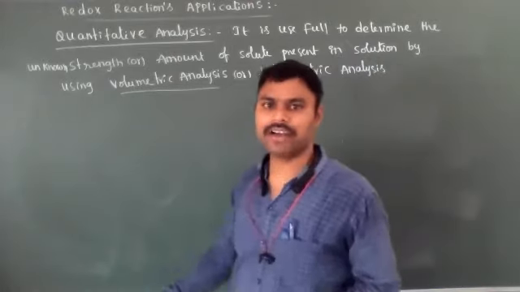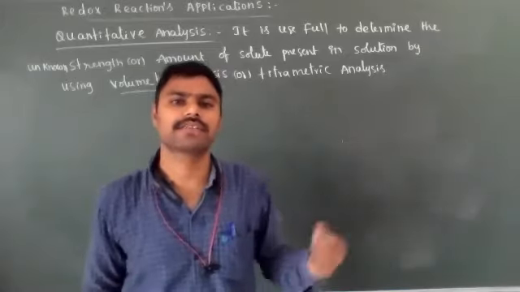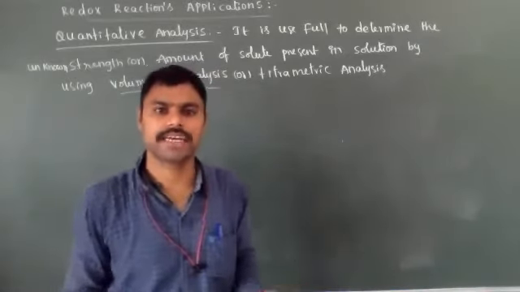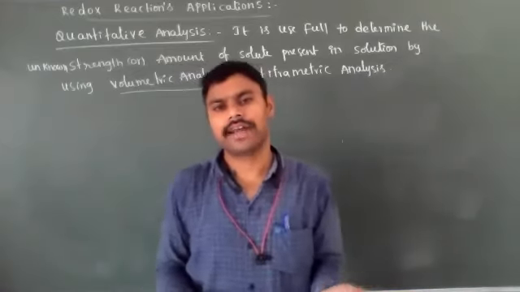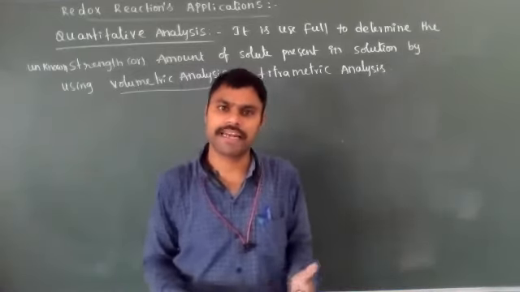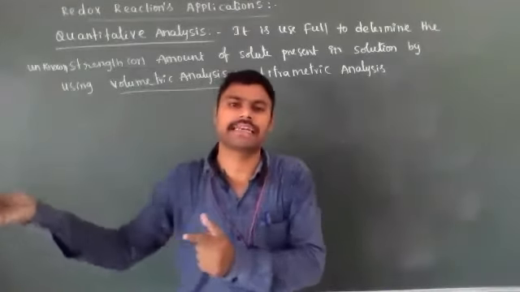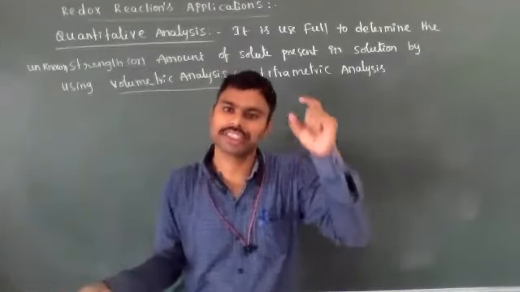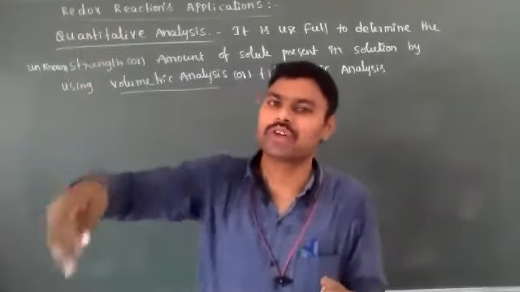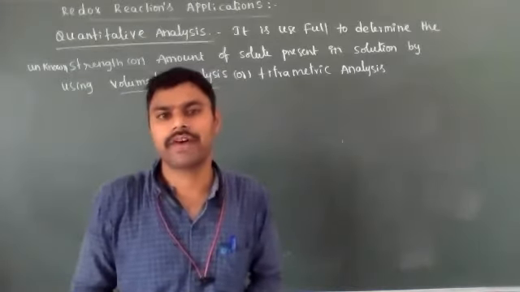In redox titrations, oxidation and reduction, both half reactions, take place. But in acid-base, acid and base combine to form salt and water. In that, one solution's strength is known and another solution's strength is unknown. That unknown solution strength we need to find out.